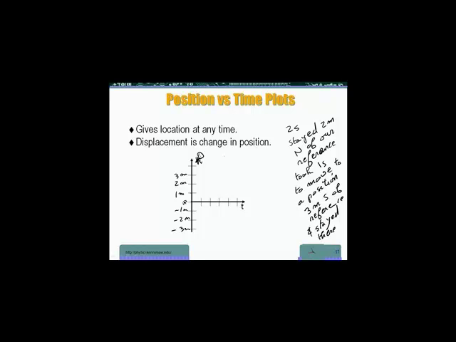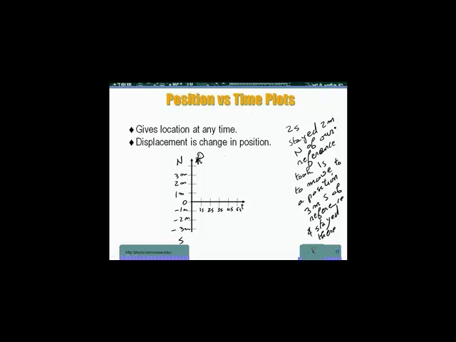Now, if we choose north to be positive and south to be negative, then the first 2 seconds, so let's set this as seconds. The tick is 1 second, 2 seconds, 3 seconds, 4 seconds, and 5 seconds.